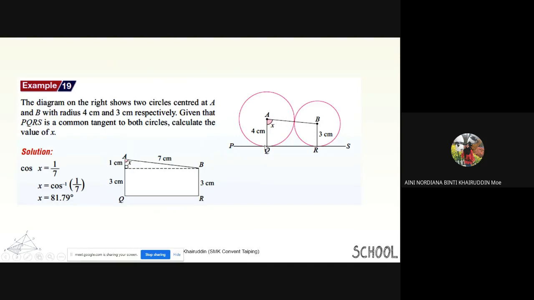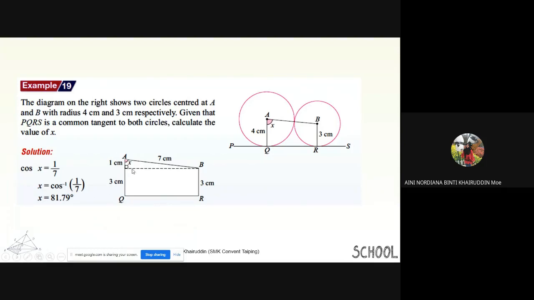So first you need to keluarkan a trapezium here, A, B, R, Q. Then you letak shaded line here so that you akan dapat a right angle triangle.